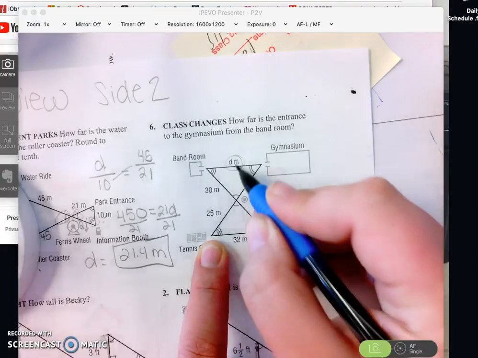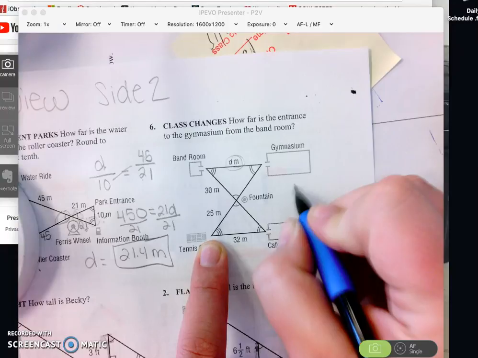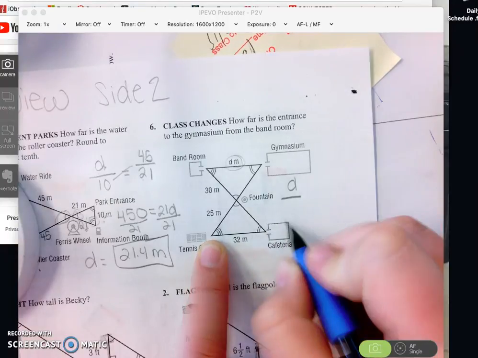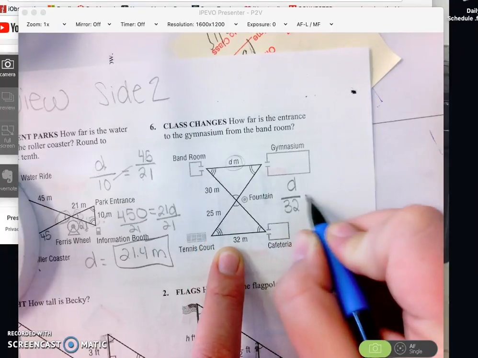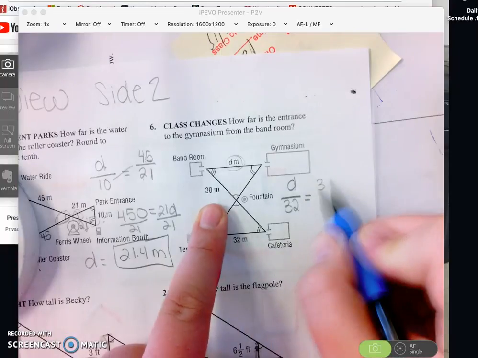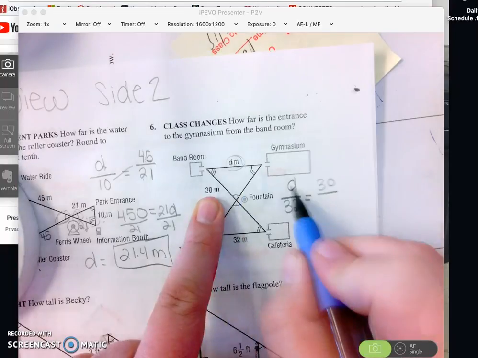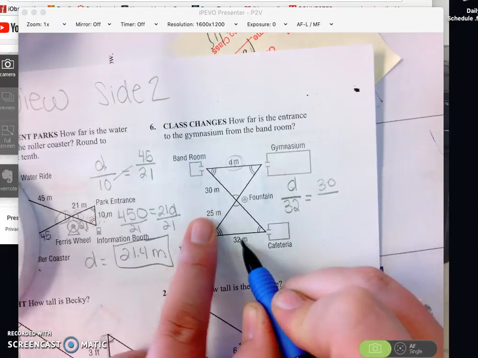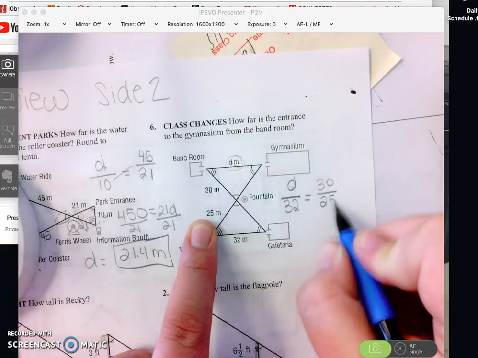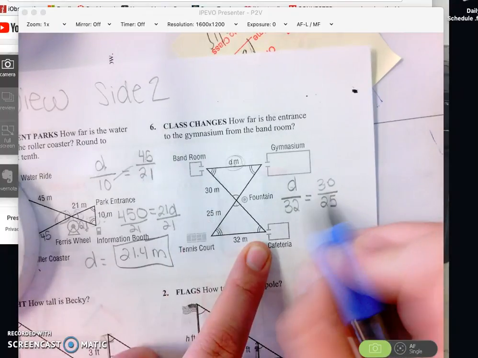These two are corresponding sides. So D over my 32 is equal to 30 over 25. Taking these two, they have to be on the top because they're from the same triangle. These two on the bottom. These are the corresponding sides.